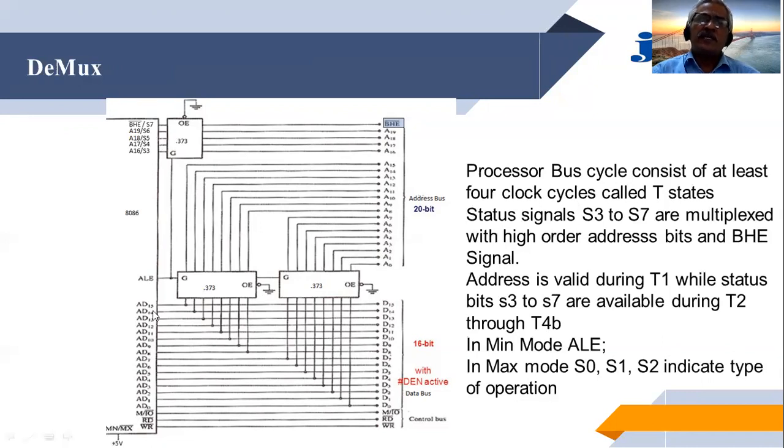Now when the ALE signal is applied to these latches, they are activated. When the latches are activated, at that particular instant of time, the address will be available at the output of the latches.